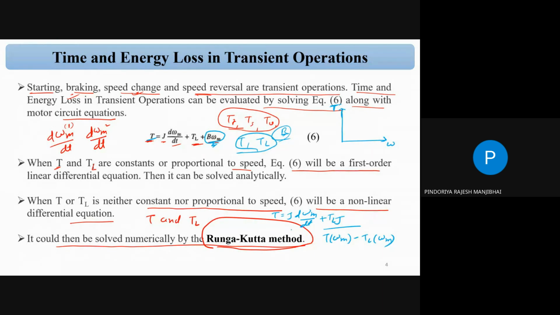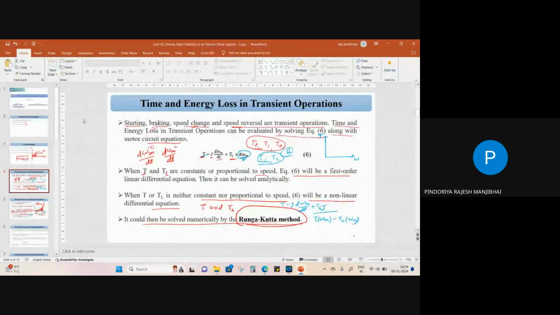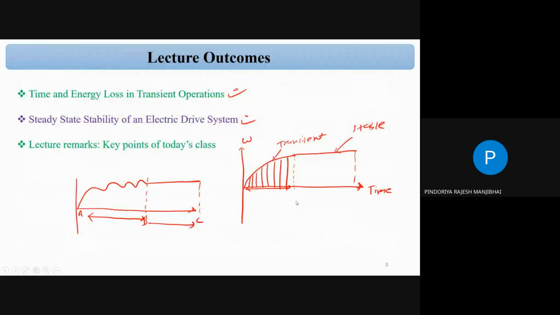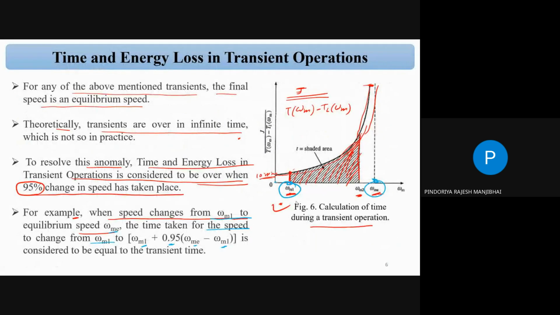Okay. Can I take one new slide? Just 1 minute, then you will understand better. So we have the main equation: T equal to J d omega m by dt plus TL plus b omega m.